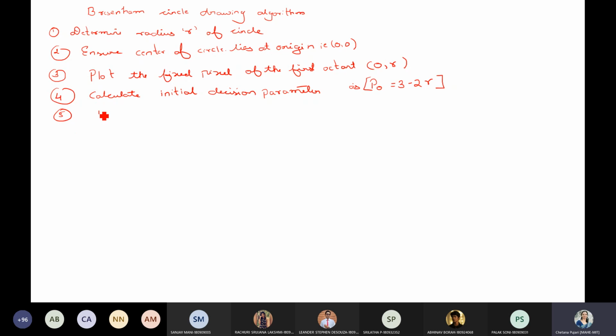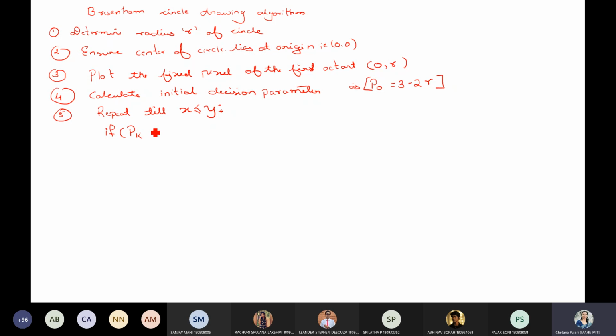Then we are going to run a loop while your x is less than or equal to y. Till this condition is satisfied, you are going to execute this.